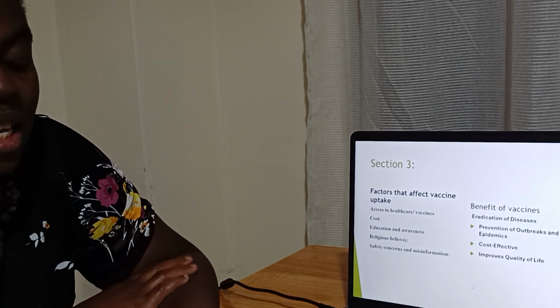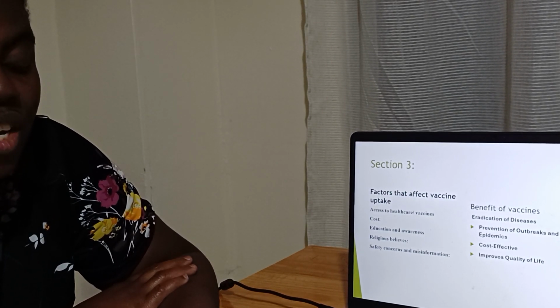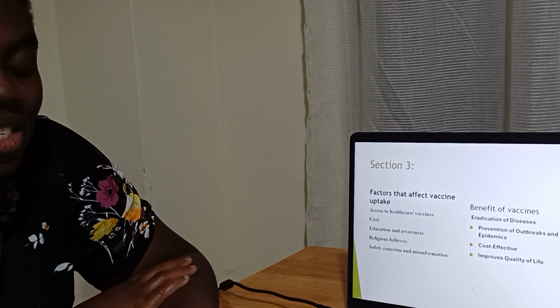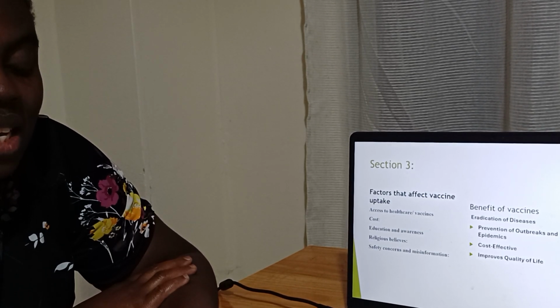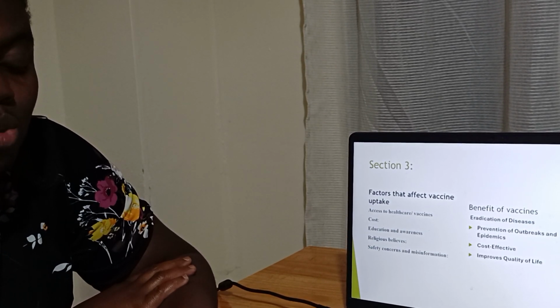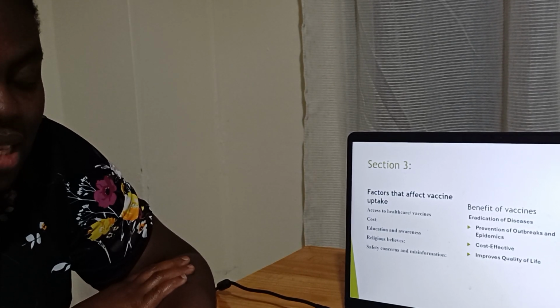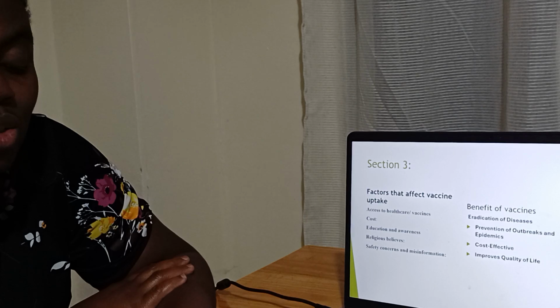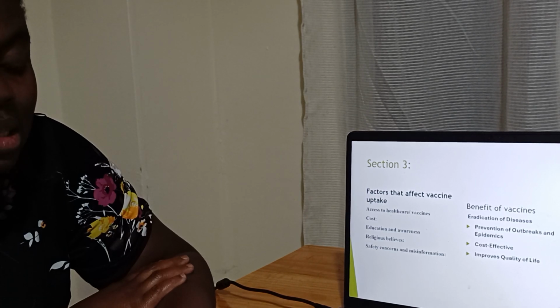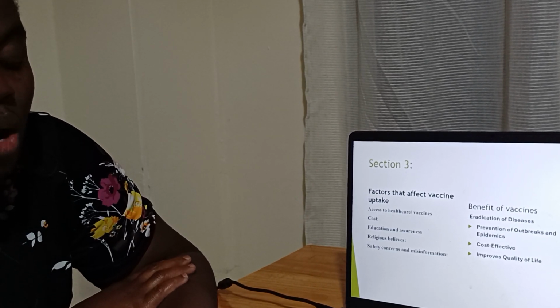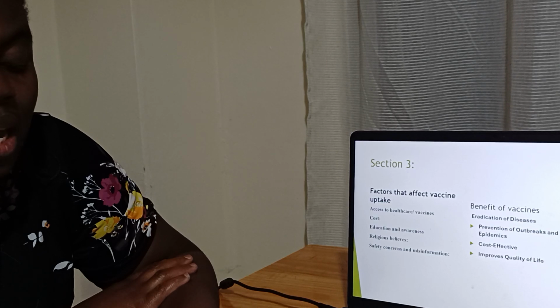And then we have eradication of diseases. So vaccination can lead to the eradication of diseases like smallpox. It has also significantly reduced the incidence of diseases like polio and measles.